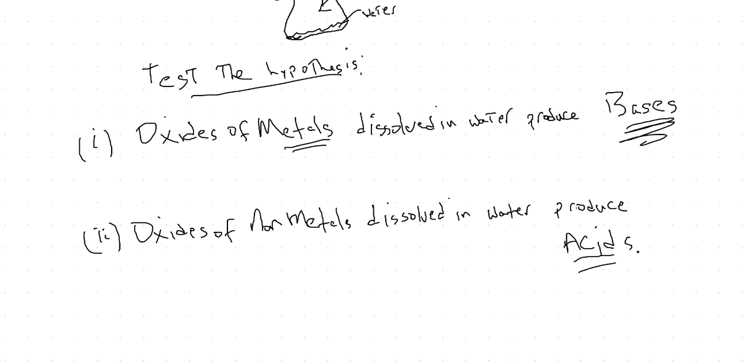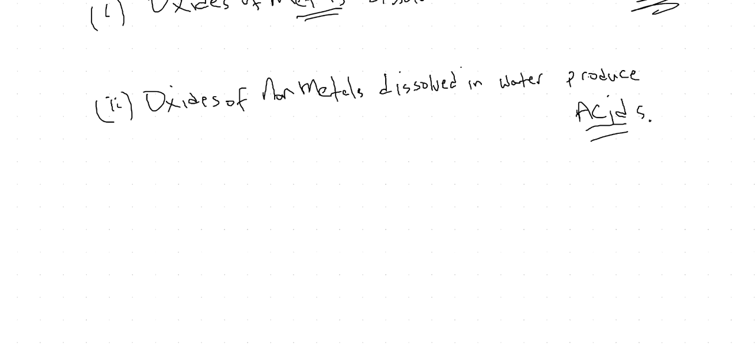Now, the final thing is, how do we know if we have an acid or a base? Again, in class, we'll talk about what an acid is and what a base is. How do we know whether we have an acid or a base?